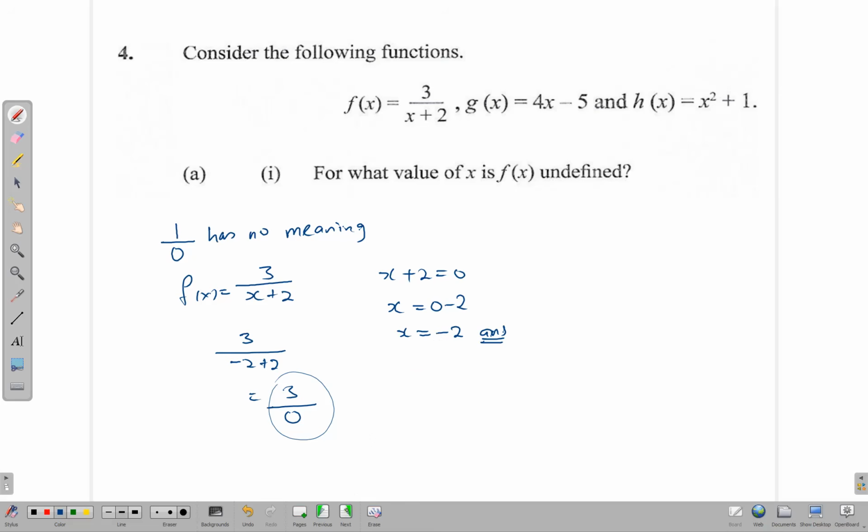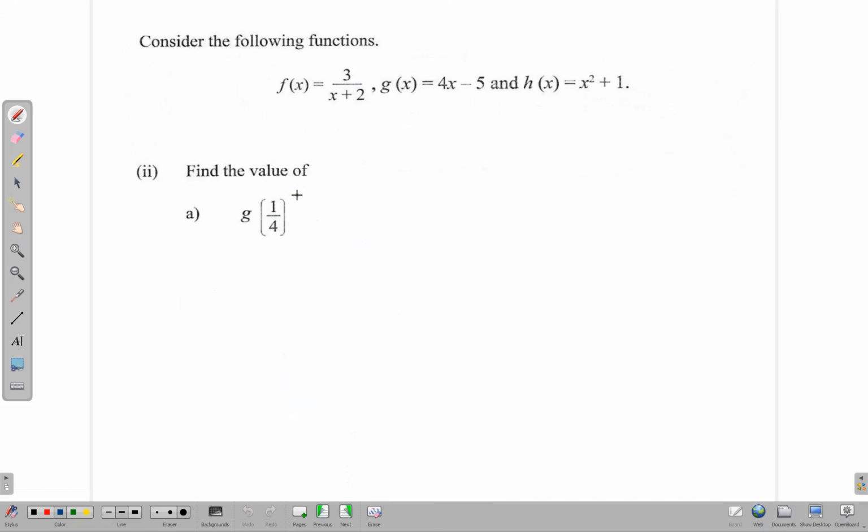Alright, moving on, we have g of a quarter, and g of x here is equal to 4x minus 5. We're going to calculate g of a quarter, so let's substitute a quarter into this and see what we get. 4 times a quarter minus 5.